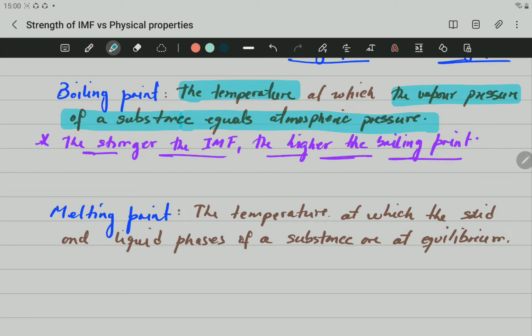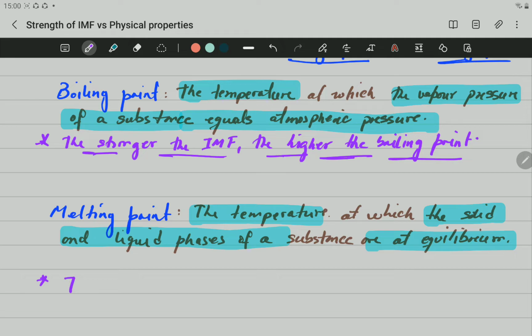Now, the definition of melting point says that it is the temperature at which the solid and liquid phases of a substance are at equilibrium. And we also have to know that the stronger the intermolecular force, the higher the melting point.